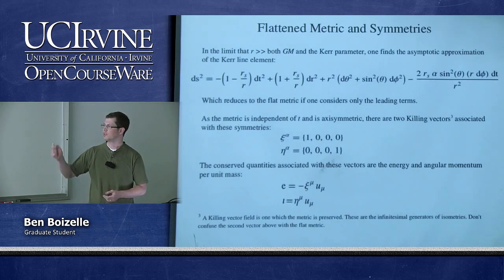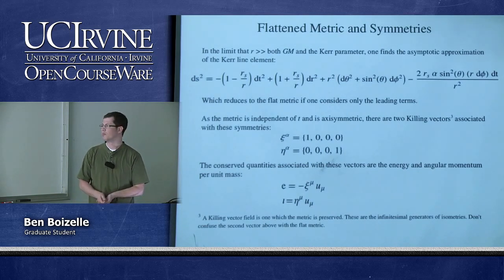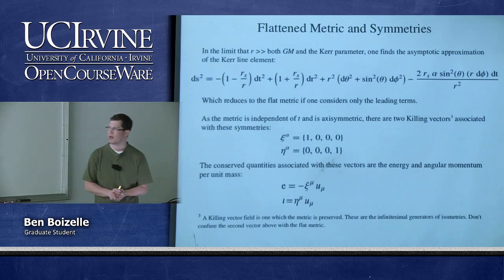There's a little explanation down here if you'd like to read it, but the Killing vectors are associated with a time component and an angular rotation component, the phi component. And they have conserved quantities that go along with them. For u here being the 4-velocity, you have a conserved energy, E, and angular momentum, L, per unit mass.